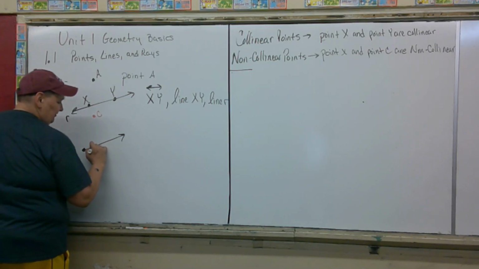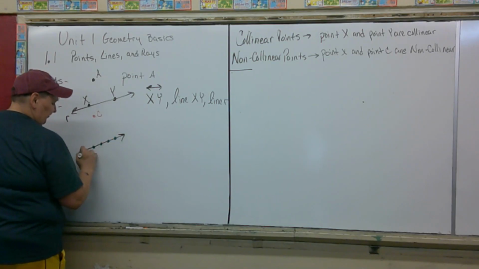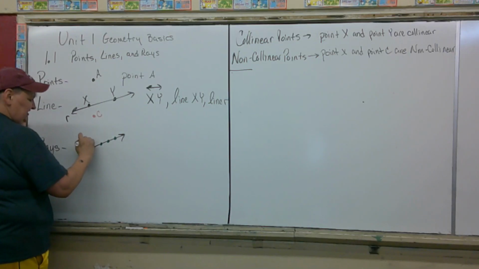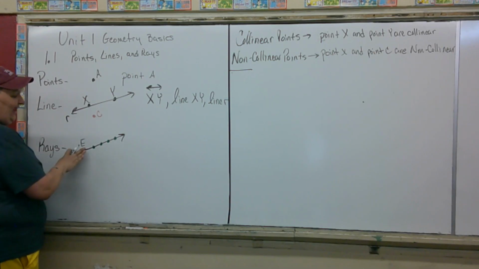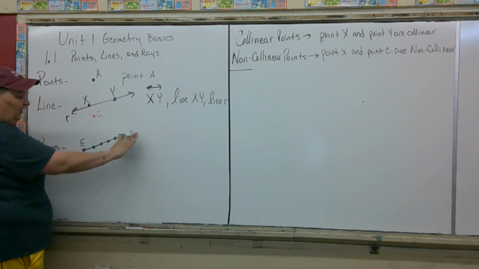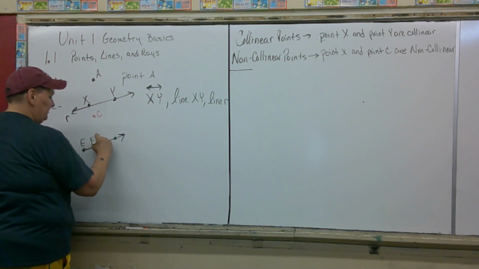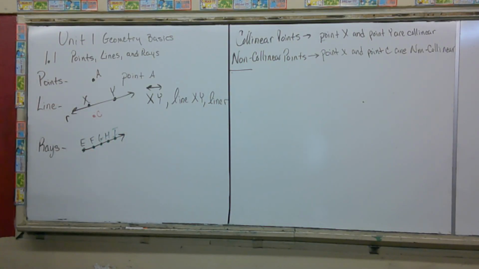So a ray has a million points, just like the line, but we only need the end point. Let's call this E for end point, because that's how my brain works. And then any other point on the ray. Let's call this F, G, H, I. You see how there's many points?